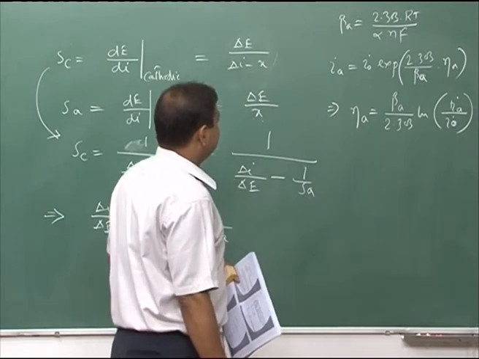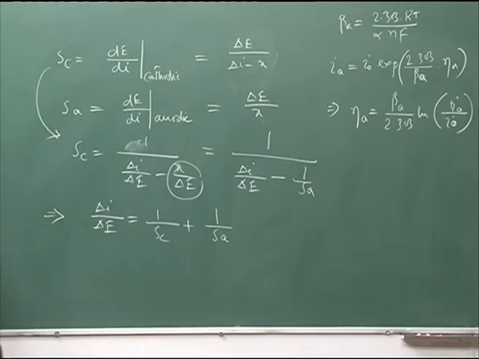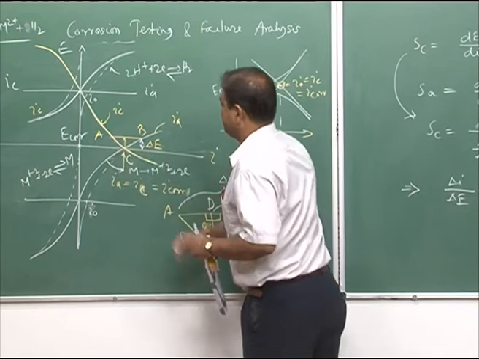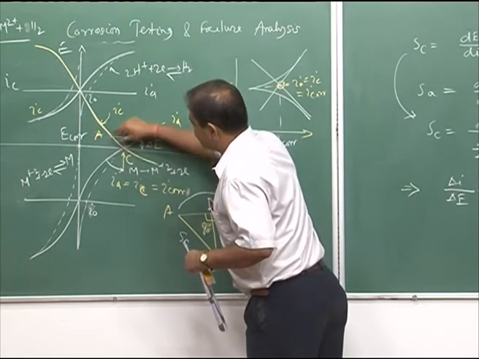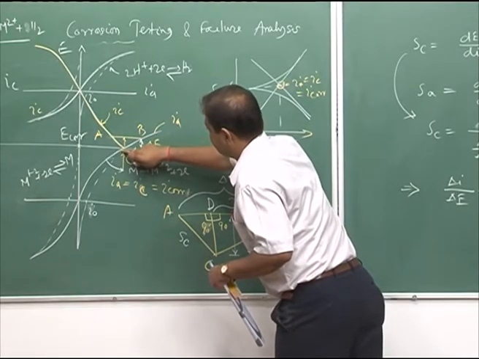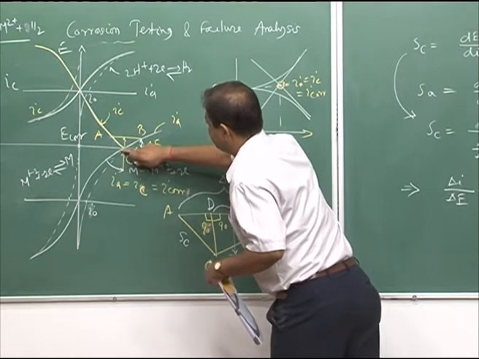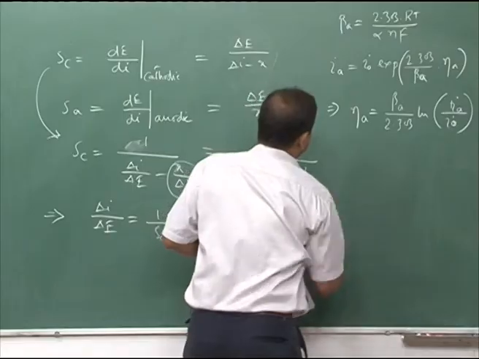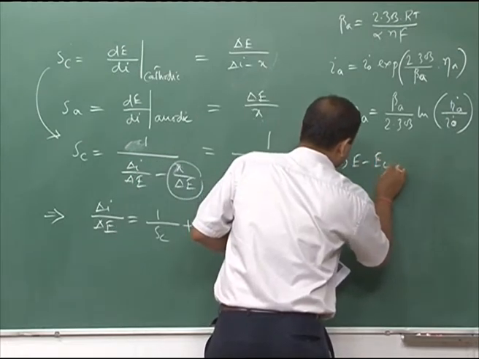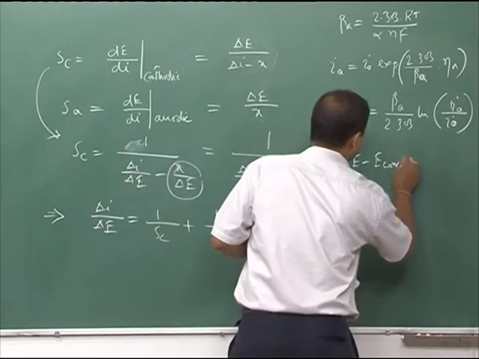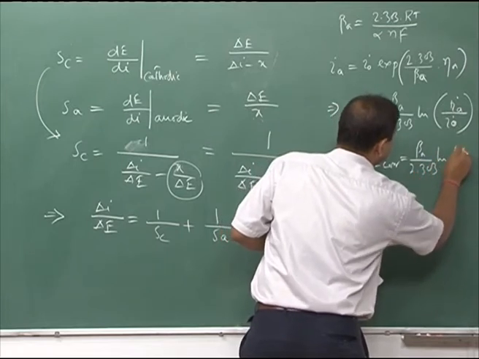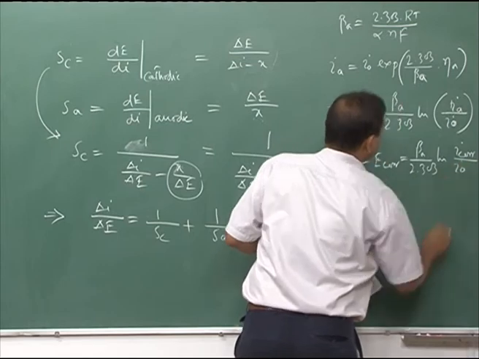And at corrosion potential, if we would like to find out what is the slope at this point, that actually passes through this small linear part, or if we consider this anodic side, that time the slope would be passing through this point, which is at E corr. So, eta at a small over voltage, we can write as E minus E corr would be equal to beta A by 2.303 ln I corr by I 0.